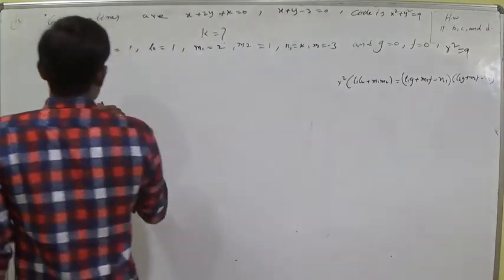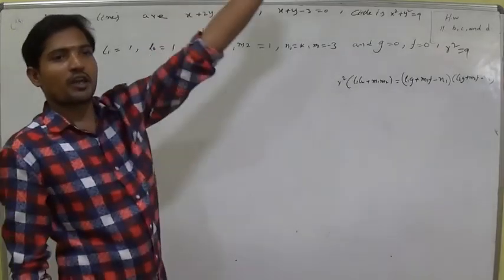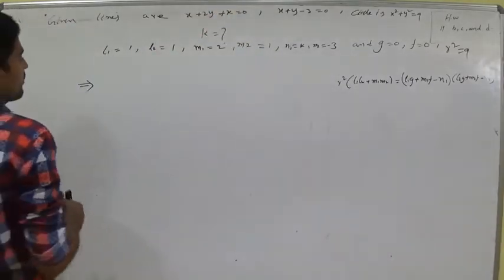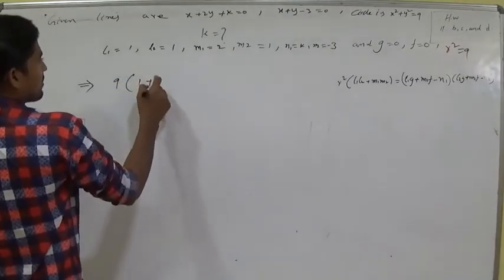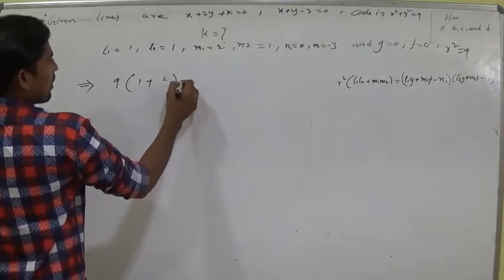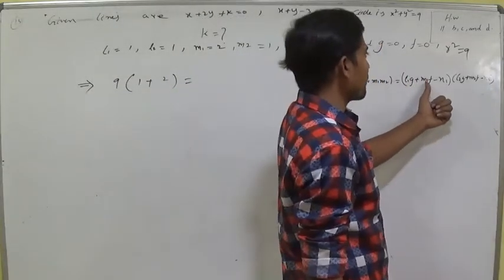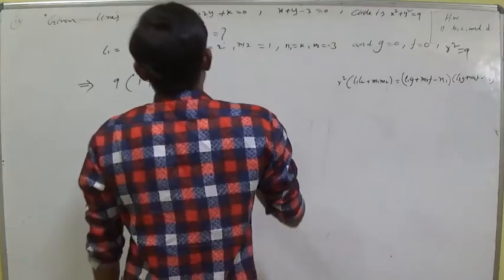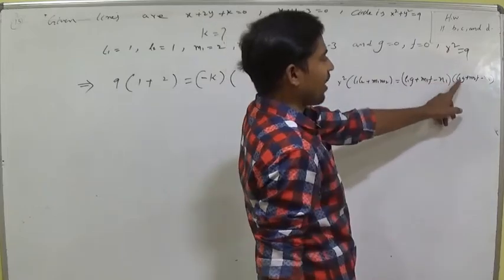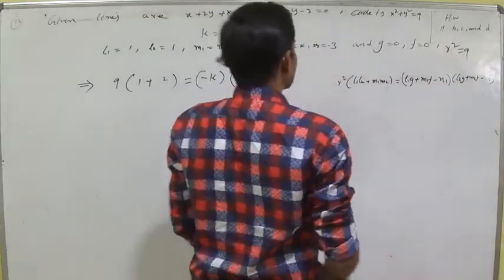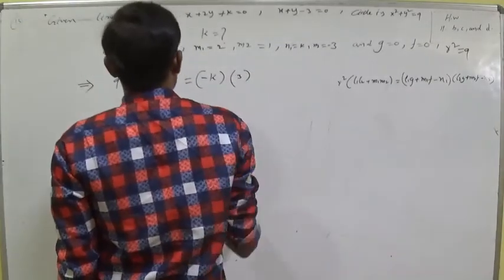Now, because the given lines are conjugate, r square 9 into L1 L2, so 1, plus M1 M2, 2, equal to L1G vanishes because G equal to 0, M1F is 0, minus N1, so minus k, and minus N2, here minus 3, minus of minus becomes plus.